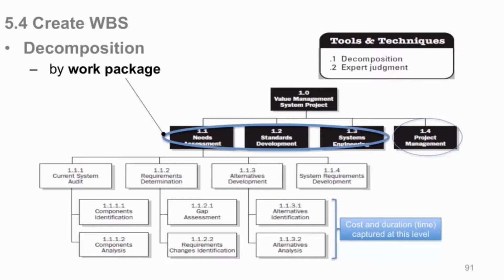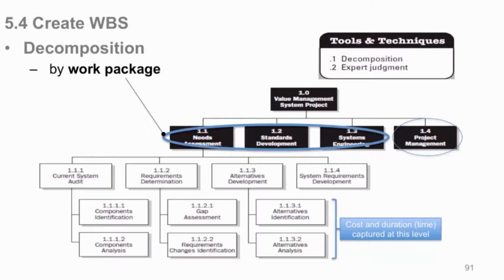Now here we have a needs assessment. There are all these activities underneath. You need to create an audit system. So 1111 is you identify the components, component analysis, gap analysis, alternatives; all these things have some kind of work involved with doing them. These are not very clear diagrams here, and you may be misled by the complexity that may be involved with work breakdown structures, but this gives you an idea of how a work package works.